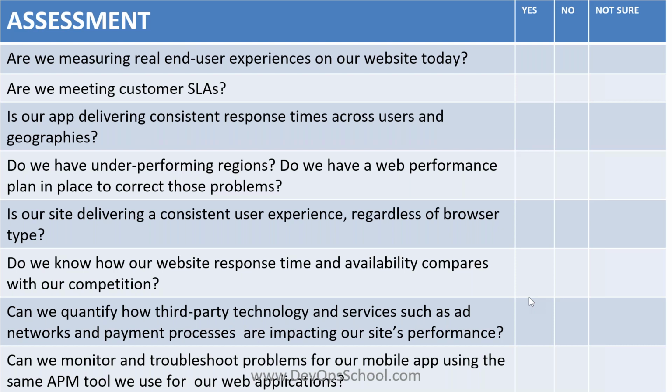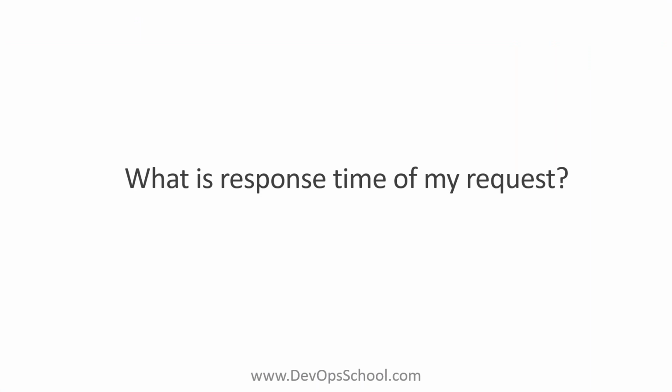So APM stands for Application Performance Management. That means how the application is performing, and that is what we are trying to find out. What is the response time of my request?